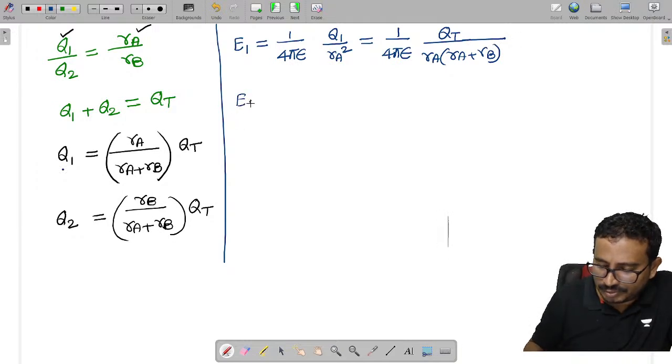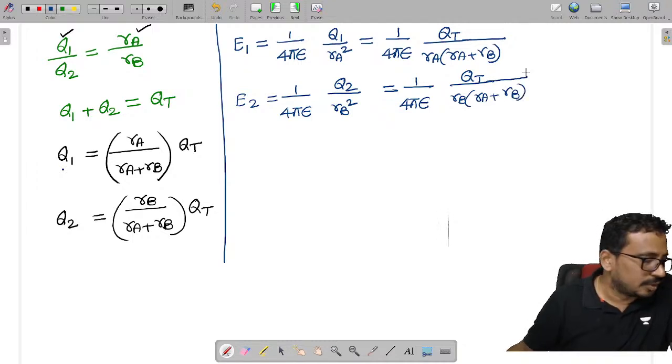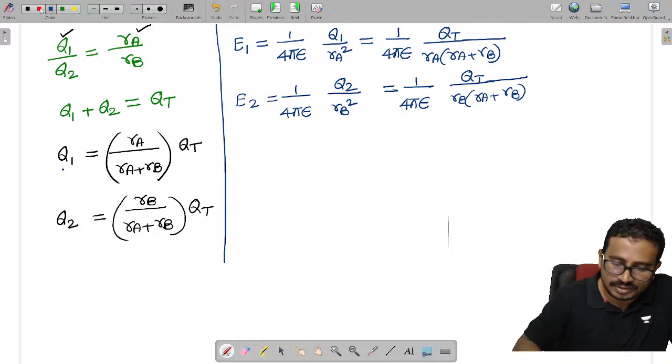Next, E2 is 1 by 4 pi epsilon into Q2 by RB squared, which is 1 by 4 pi epsilon into QT by RB into RA plus RB. So we have the electric fields like this.